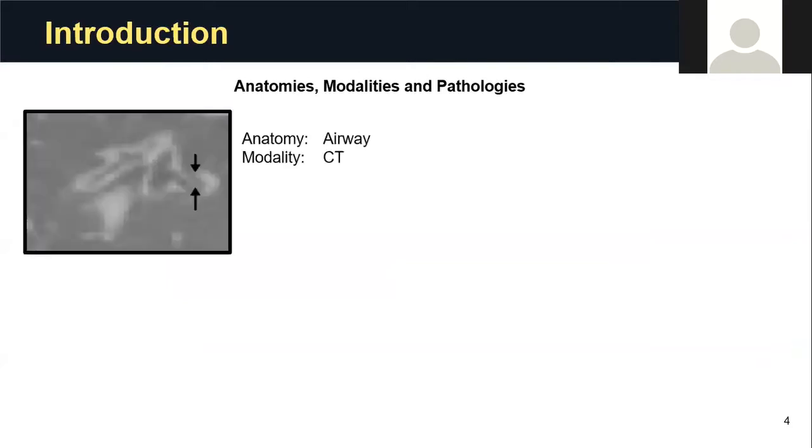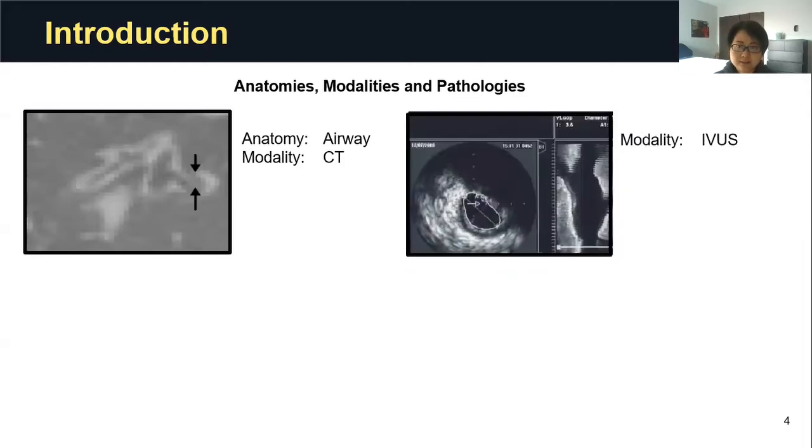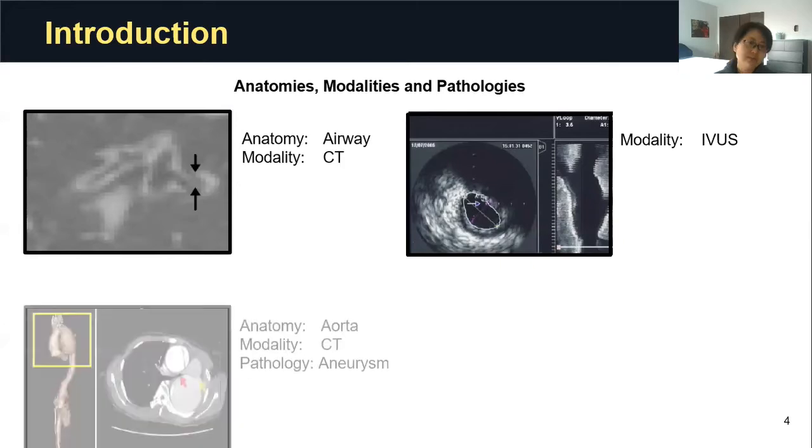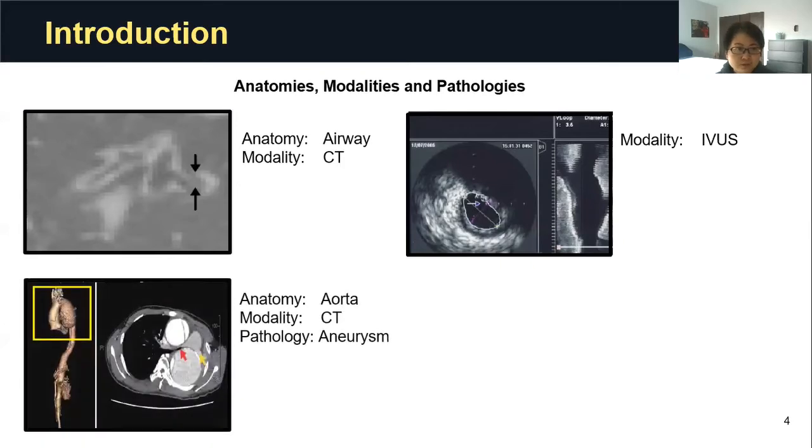There are a variety of anatomies, modalities, and pathologies in vasculature and airway medical data. For example, this is a slice of airway CT data, and these are two perspectives of intravascular ultrasound. These are two perspectives of aorta CT with aneurysm pathology.